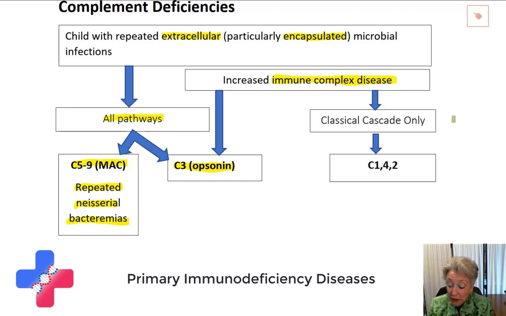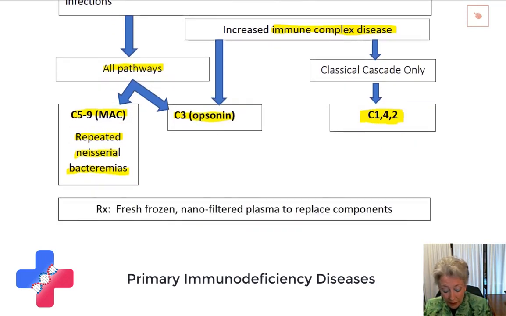Now realize if I have antibody that's starting this problem, it's going to have the issue of a deficiency of C1, C4, and C2 components, because those are the ones that are activated by antibody. And if I cannot create those components, then I can't activate the classical cascade. And again, I can be at risk for problems due to that fact.